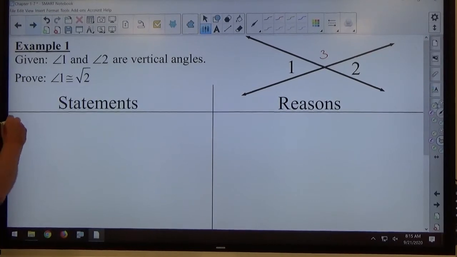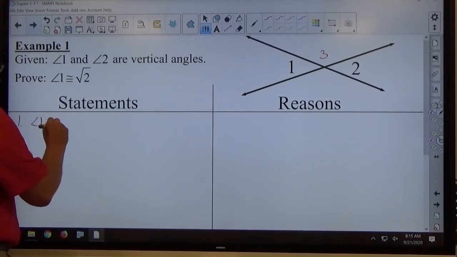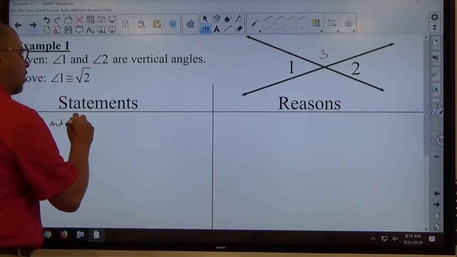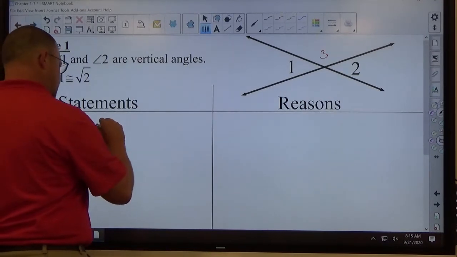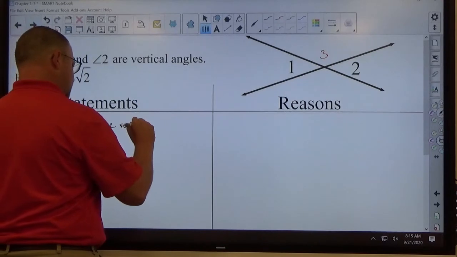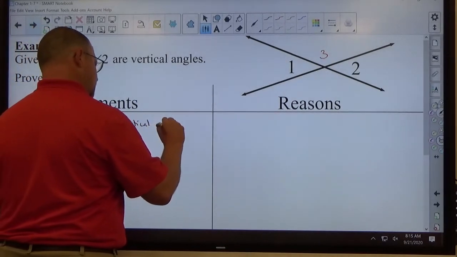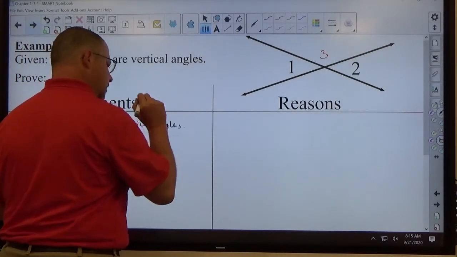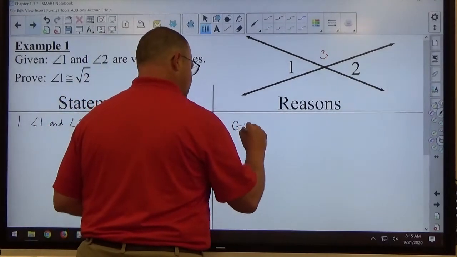So step 1, I'm going to write angle 1 and angle 2 are vertical angles. Because it's given.